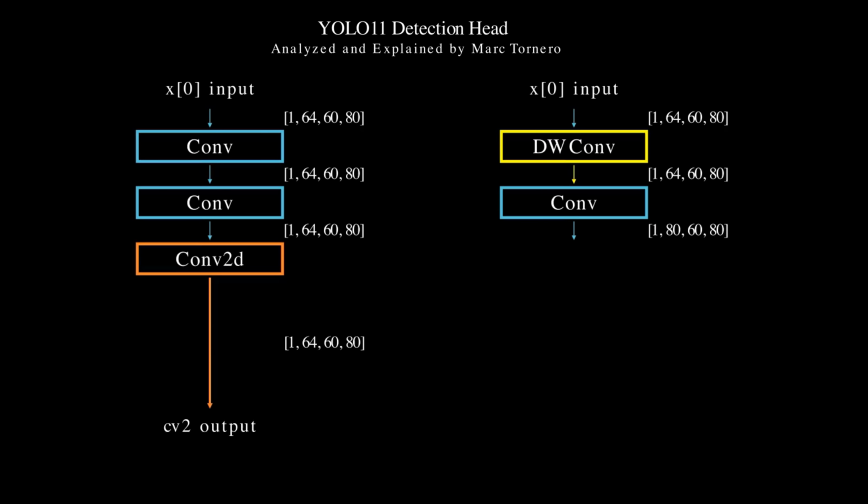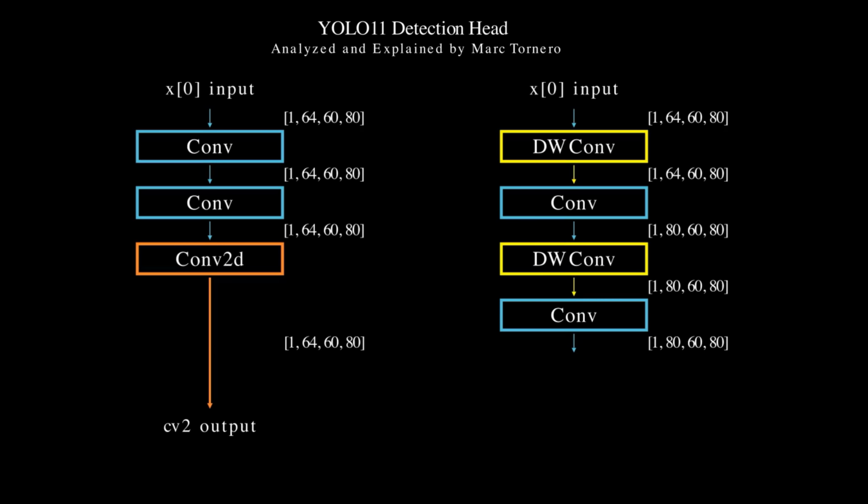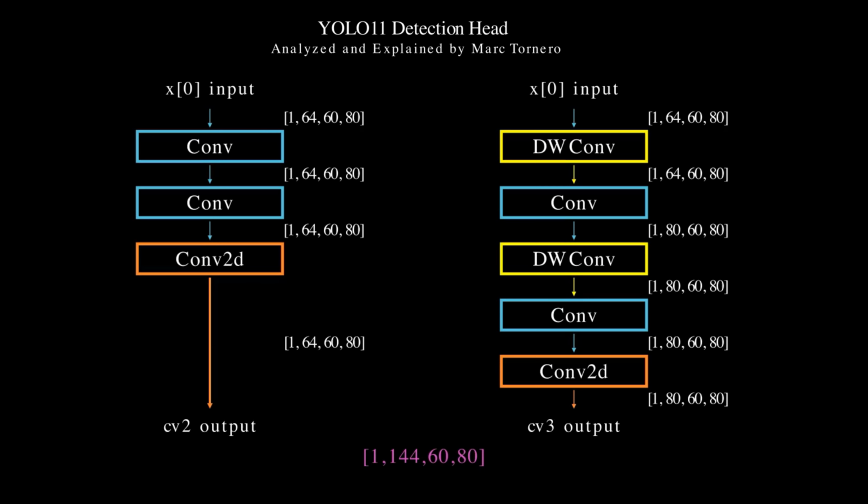At this point, the number of channels increases from 64 to 80. This process is repeated in a second block, where another depthwise convolution is applied, followed by a 1x1 convolution. Finally, one last 1x1 convolution produces an output shape of 1 by 80 by 60 by 80. Now that both branches have processed the input, the outputs are concatenated together.